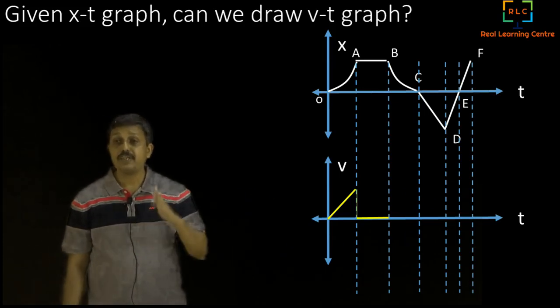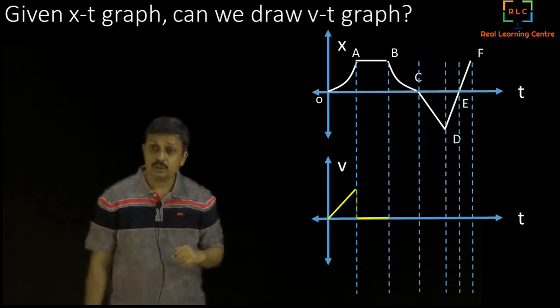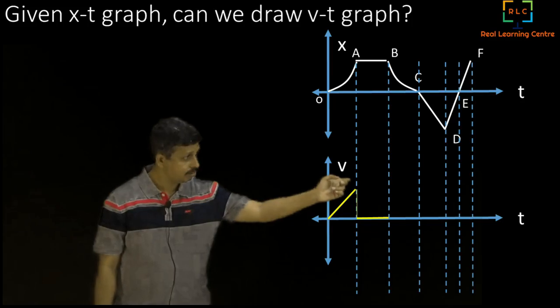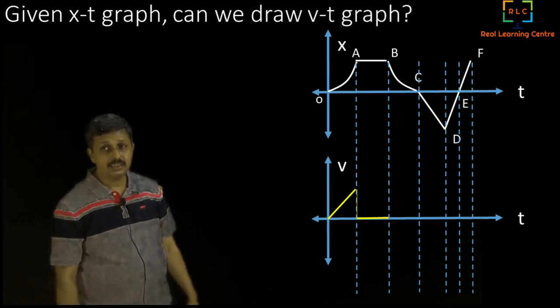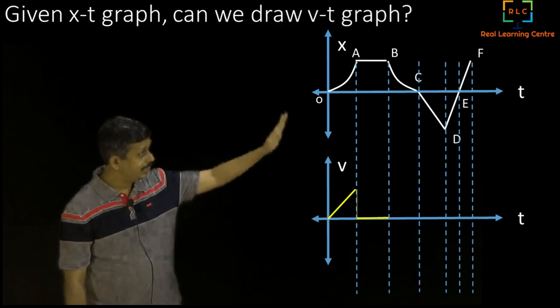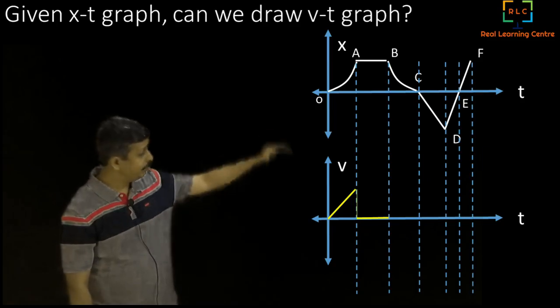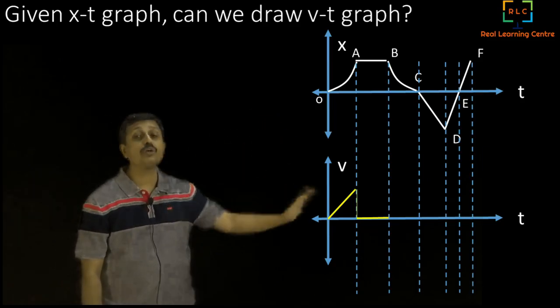Then from B to C, you can see very clearly the slope of that curve is negative because it is in this direction, but initially it is steeper and then gradually less steep. That means negatively high in the beginning and negatively low later.